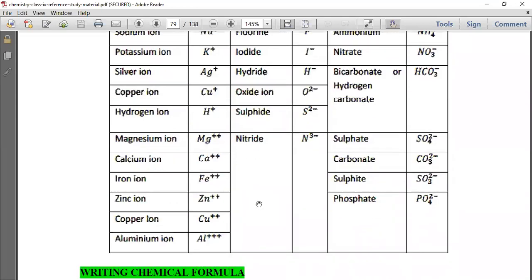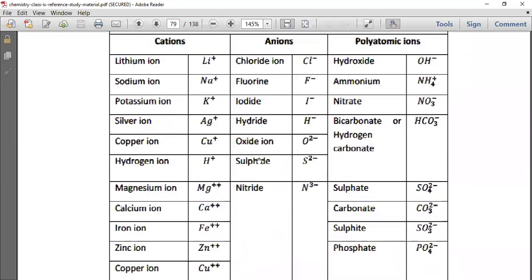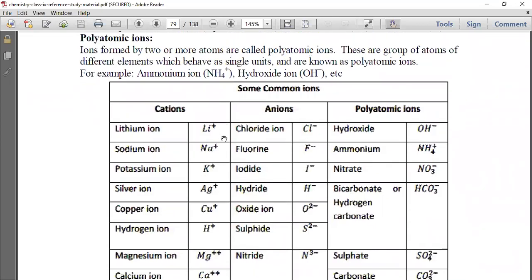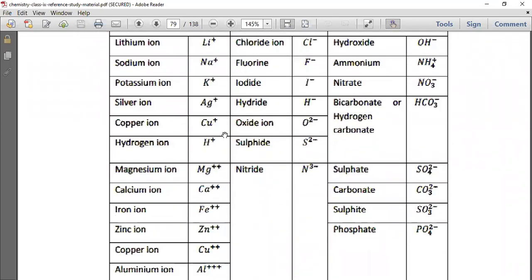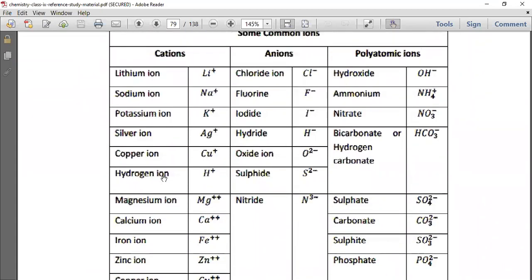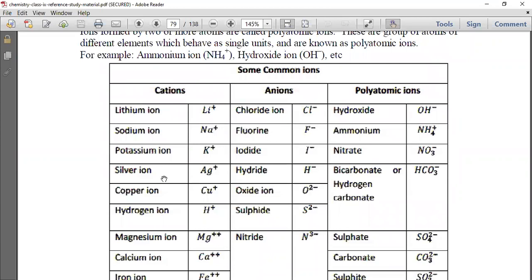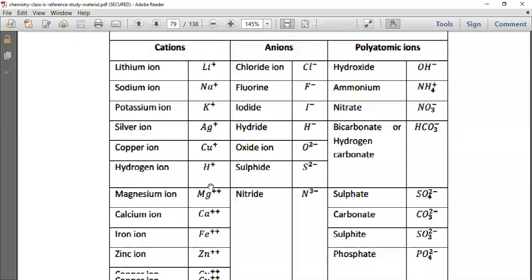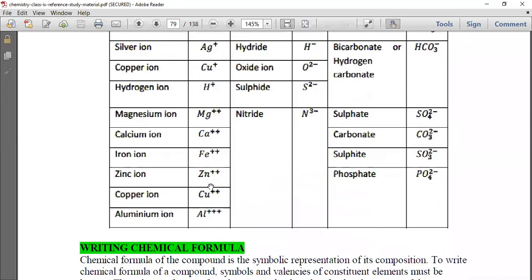So many different monoatomic and polyatomic ions are there. If you want to take a screenshot of this one, please go ahead. Okay, some common ions, and here we go, some more are here.